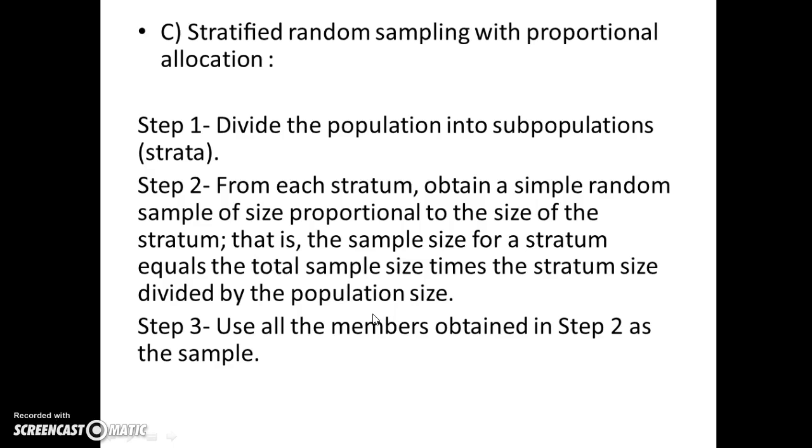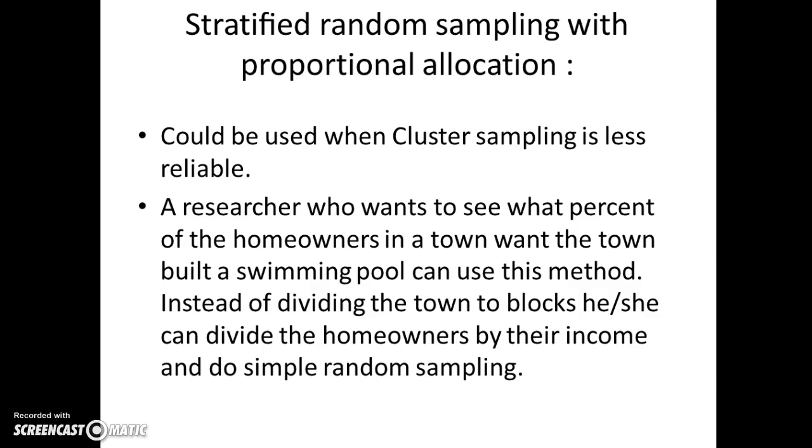Stratified random sampling with proportional allocation. You divide the population into subpopulations. It's not like clusters; it's subpopulations. From each subpopulation, you obtain a simple random sample, and all those members are going to be the members of your sample. We can use stratified random sampling with proportional allocation when cluster sampling is less reliable.